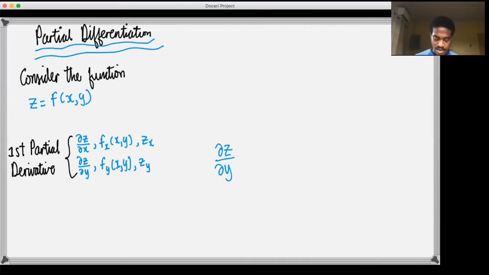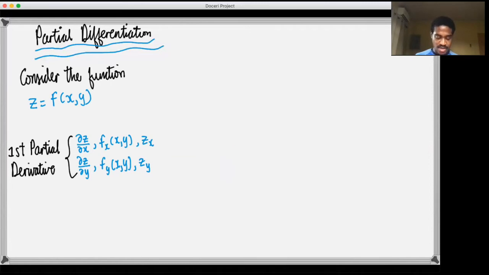So when you're differentiating del z on del y, your y is considered the variable, and the x is now considered the constant. You differentiate as normal, using the differentiation rules, treating y as a normal variable and x as a constant. That's how you would go about it.